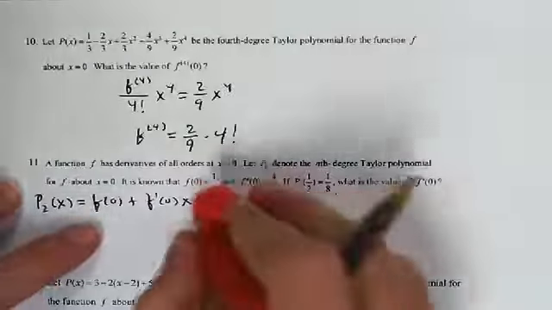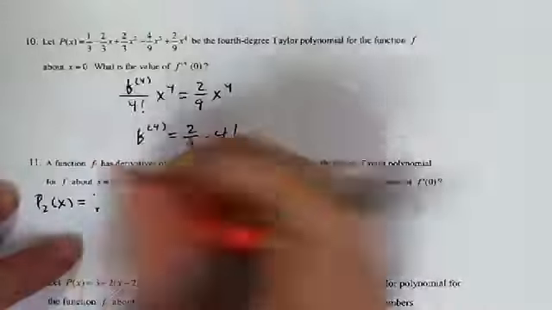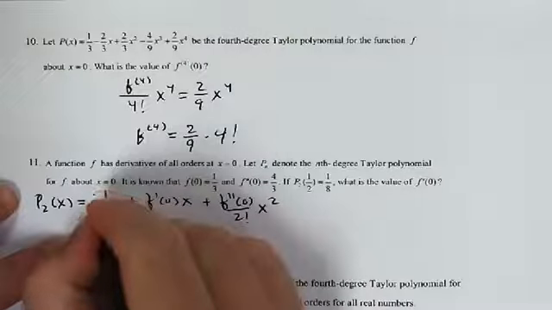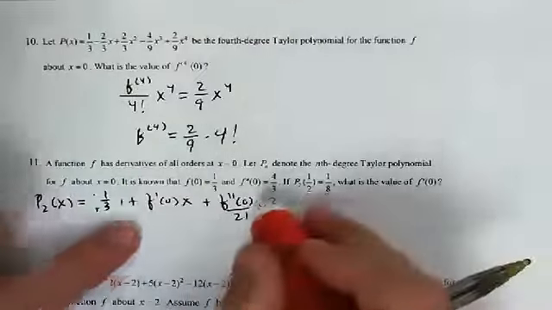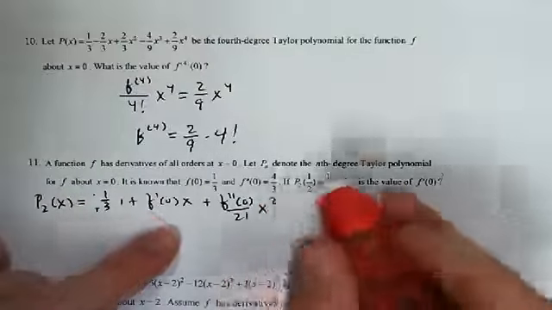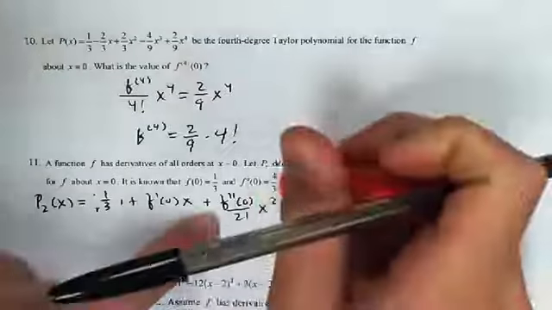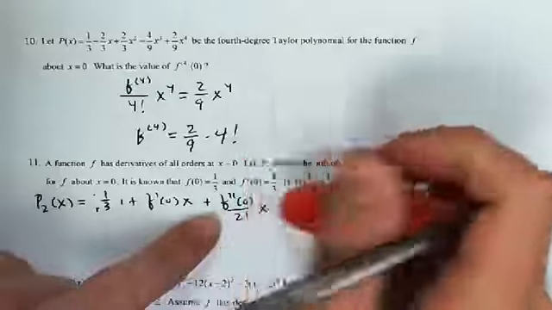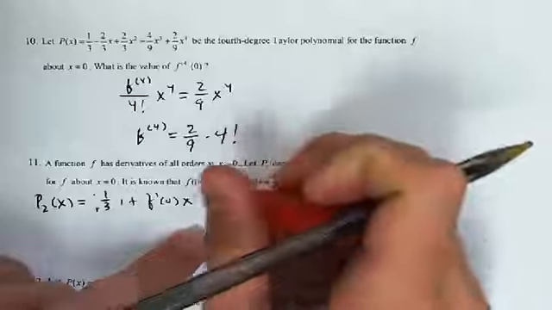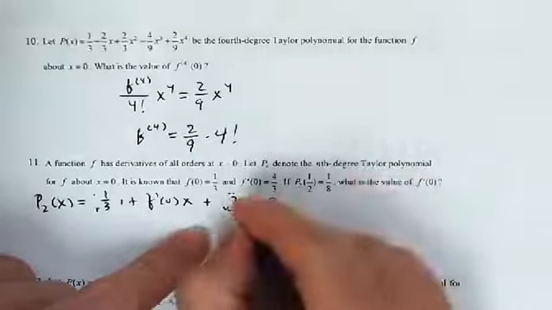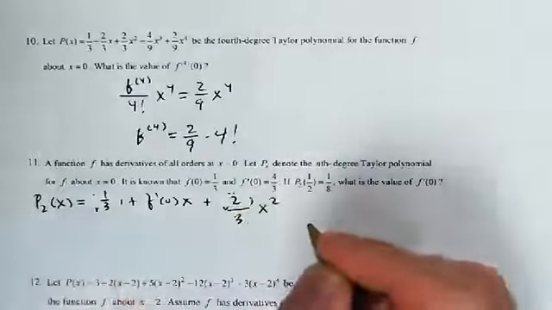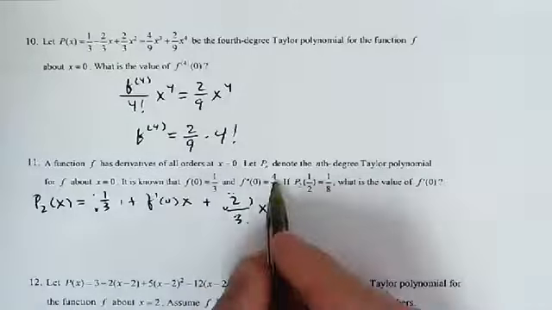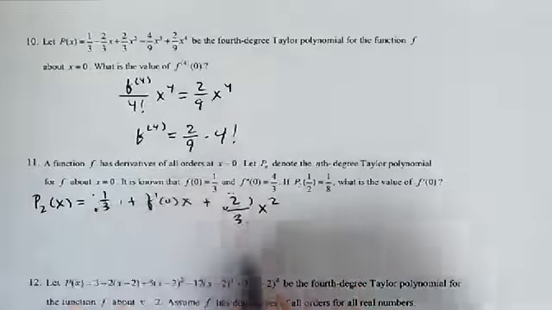Well, I can say f of 0 is 1/3. F prime is unknown, but f double prime is 4/3. So when I divide by 2, I'm going to have 2/3, just from plugging in that number here and this number there.